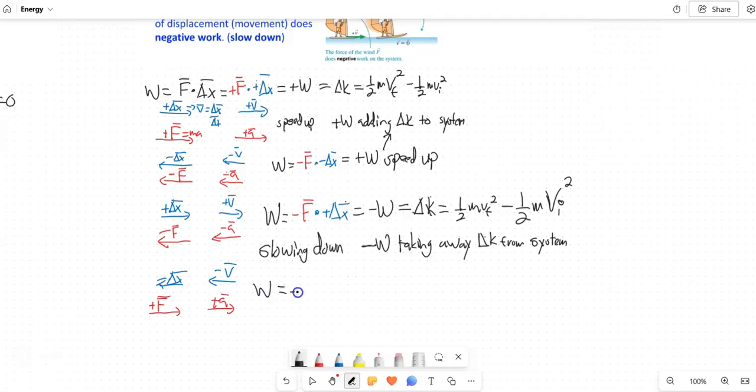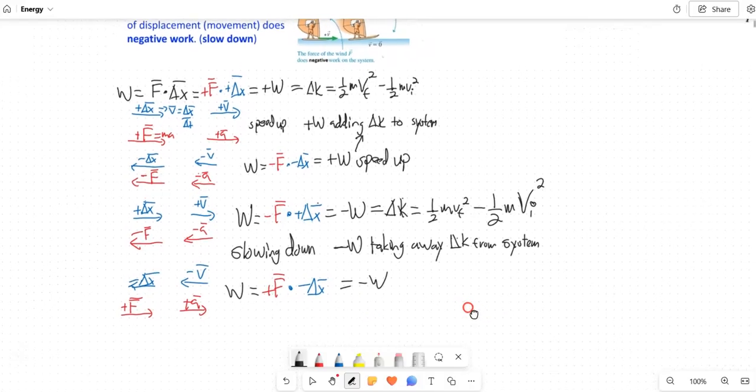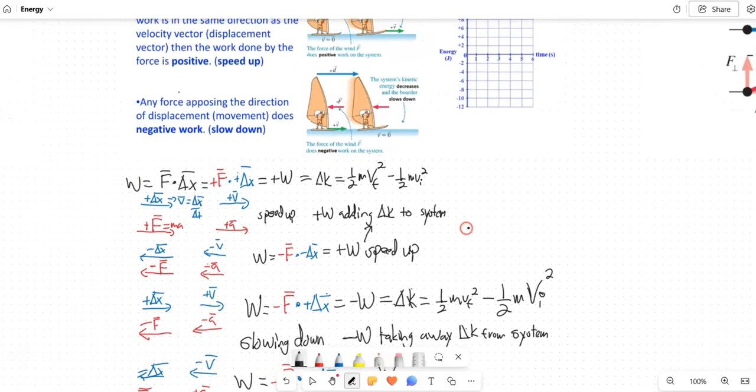So you have a positive force vector times a negative displacement vector. Well, that's also a negative work, which is going to take away kinetic energy from a system. So somebody's moving to the left, you push them to the right to slow them to a stop. You take their kinetic energy. All right.